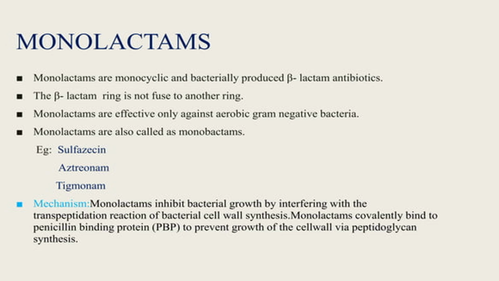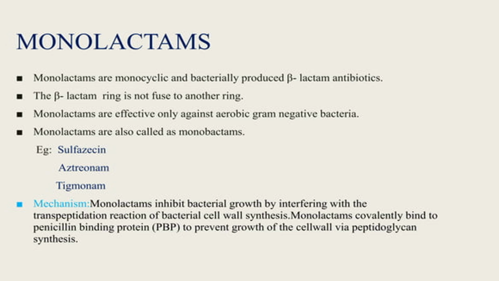In the case of monolactams, they are monocyclic and the beta-lactam ring is not fused to another ring. Monolactams are effective only against aerobic gram-negative bacteria. They are also called monobactams. They are sulfazecin, aztreonam, and tigemonam.